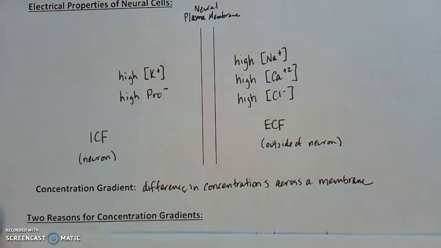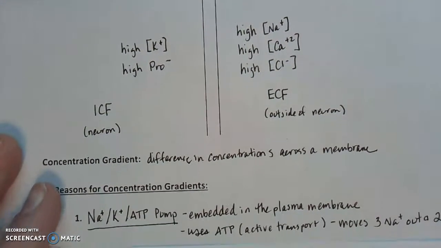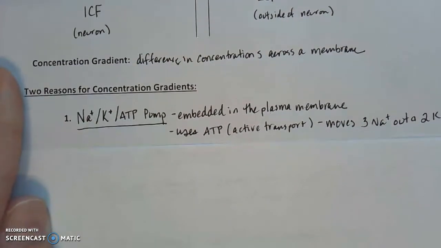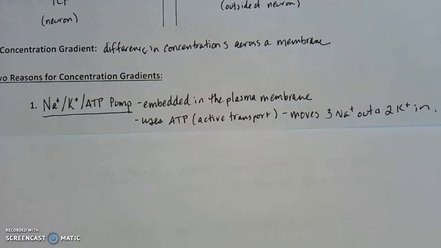So we do have reasons for these concentration gradients. The first one is our sodium-potassium pump that we talked about in the first chapter. We said that this pump was really important. It is embedded in the plasma membranes of cells.